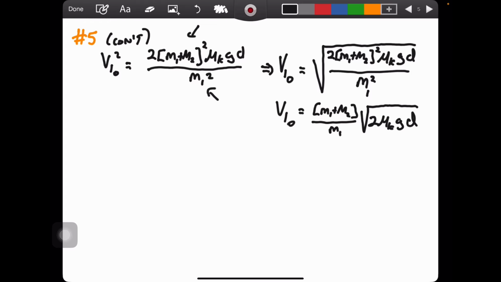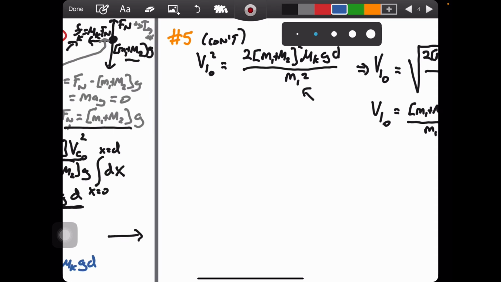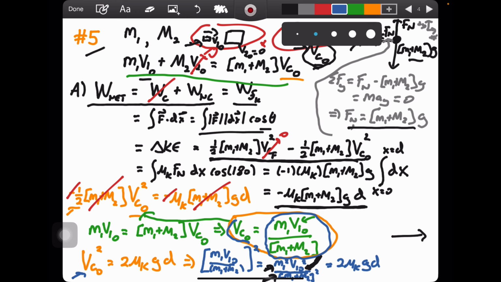We now have an expression that tells us what the initial velocity of the bullet must have been for the bullet block combo to travel a distance d before it comes to a stop. That is the expression. And remember, this is part A, to get the expression.